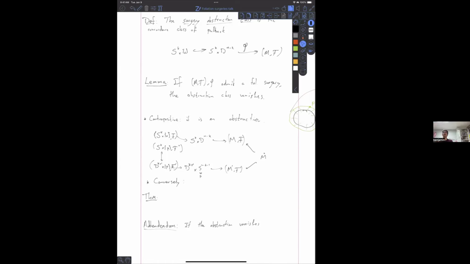What I would say is people made similar definitions of foliation surgery in special cases, but they haven't gotten very far with them. I think the issue is that they're making this requirement of regularity.